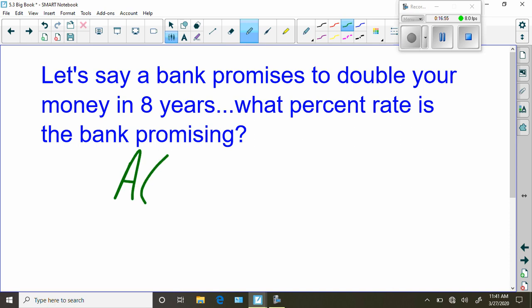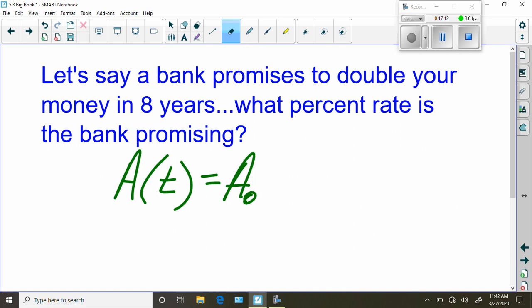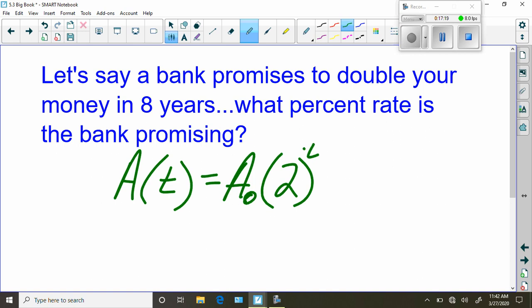I don't even care what the starting amount is. So, the amount of the money at a certain amount of time is going to equal the amount of money, and again, that doesn't matter because that's not going to tell me the percentage rate. Oops, I marked on my paper as I was throwing the ball to Mindy. And then I'm going to multiply that times 2 to the t over 8 because it said it could double it in 8 years, okay?